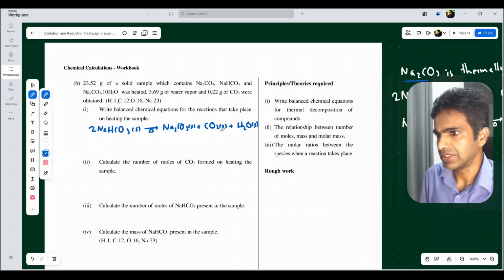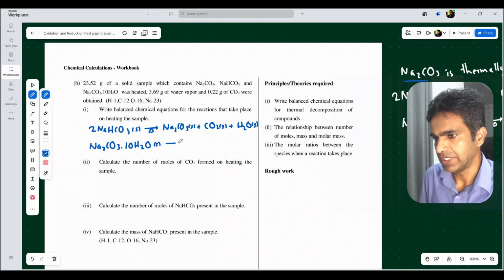We can balance the reaction. Then hydrate of sodium carbonate. When it decomposes, products are sodium carbonate, it's a solid, and water vapor.